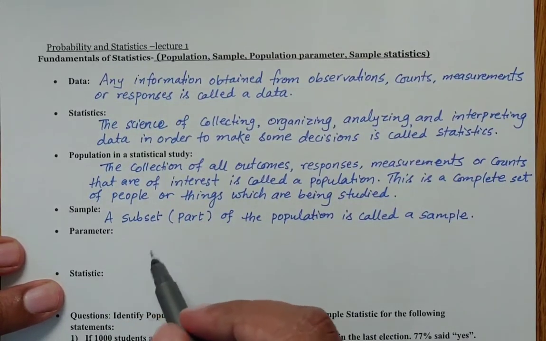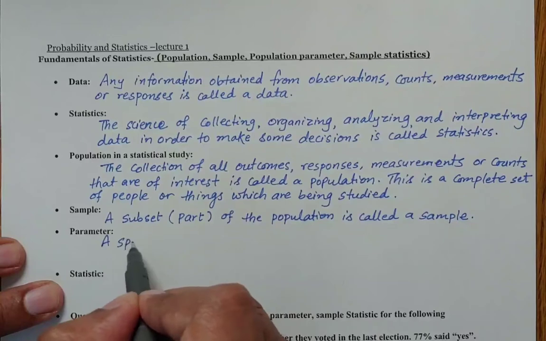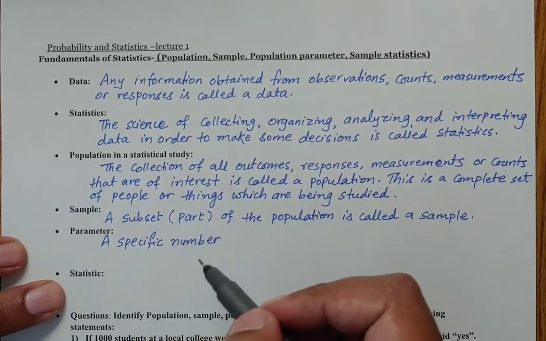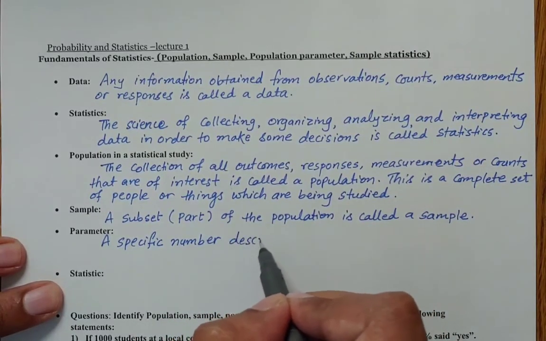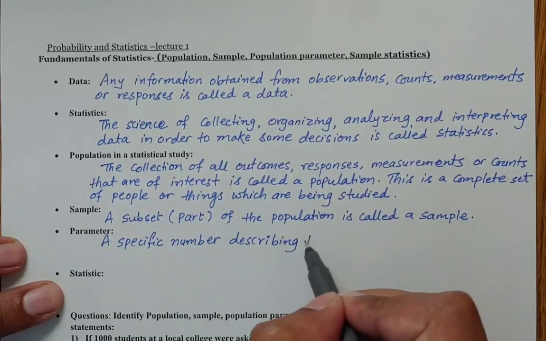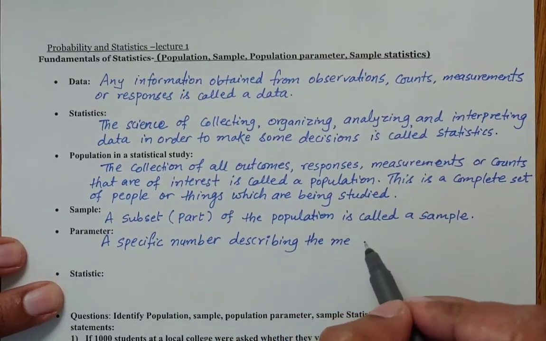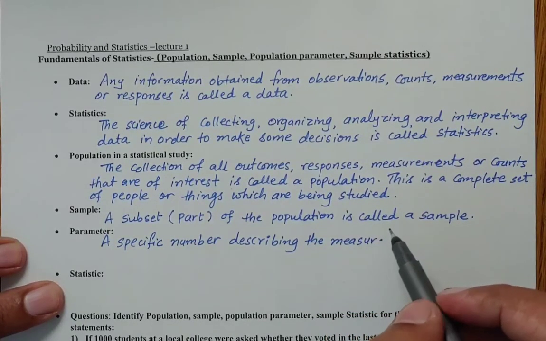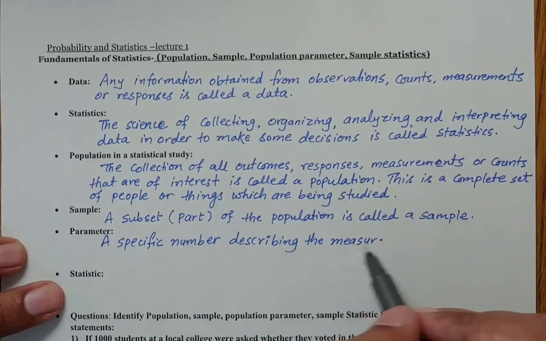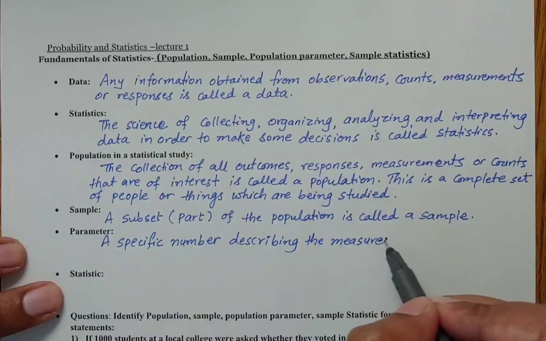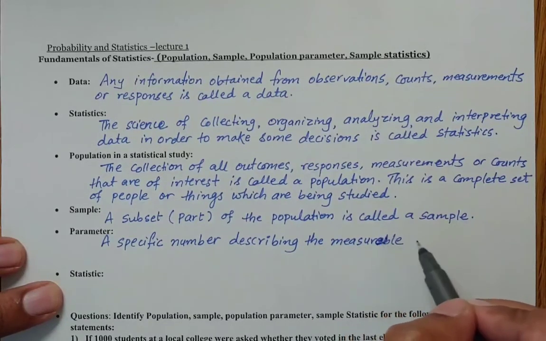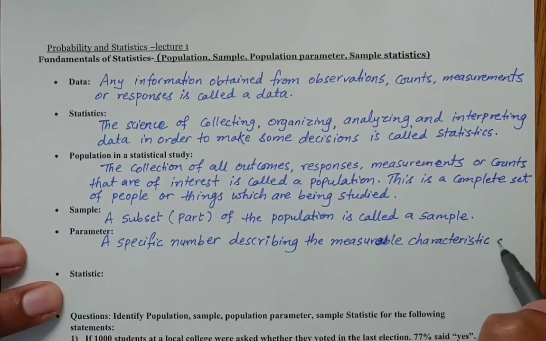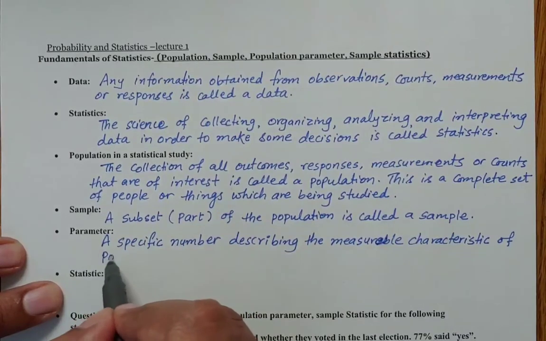So the parameter is a specific number describing the measurable characteristic of the population.